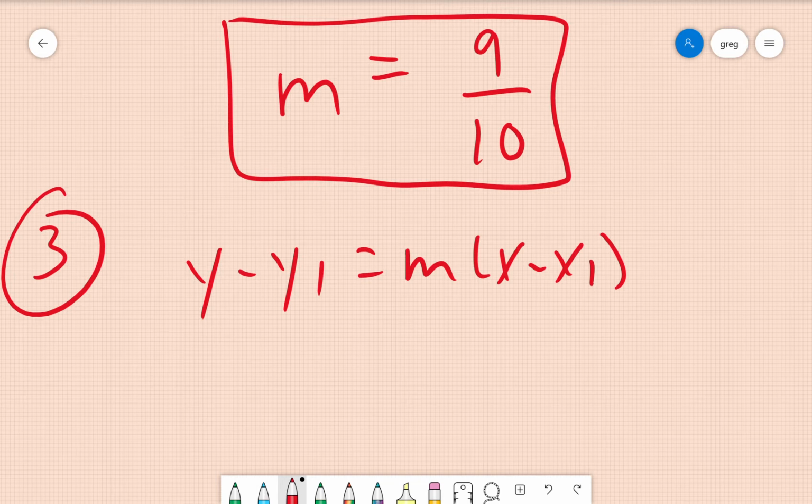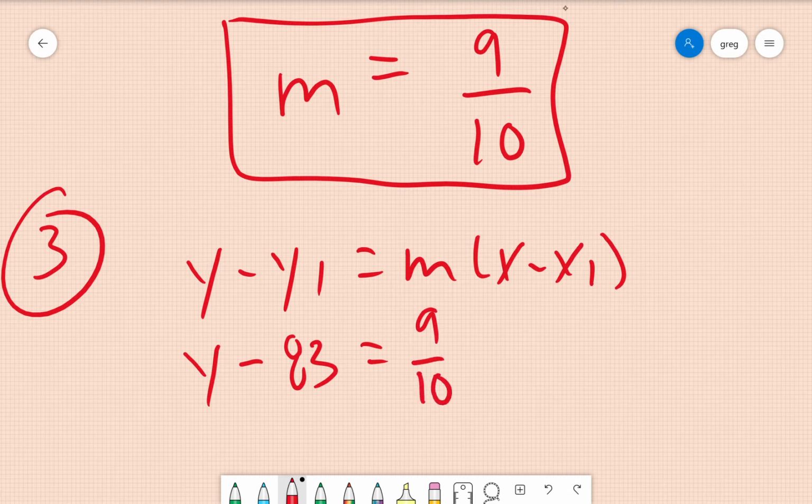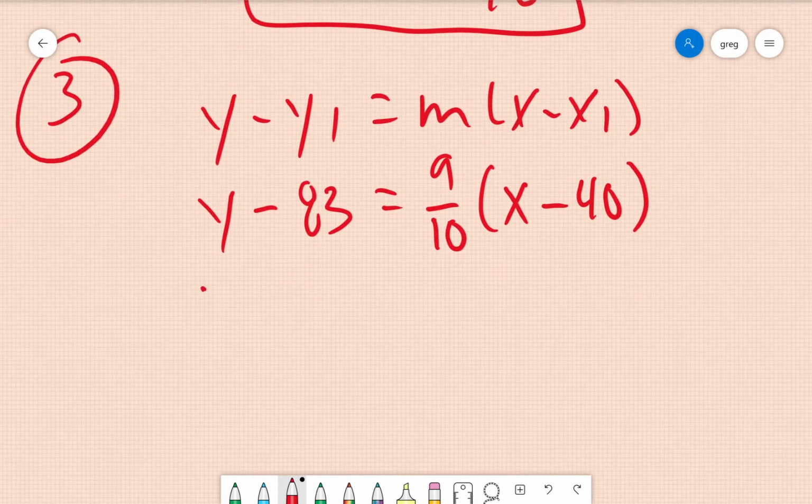Perfect. So now give me those values. So y minus 83 equals 9 over 10. Excellent. Yes, that works. So now, Franco, what's next?